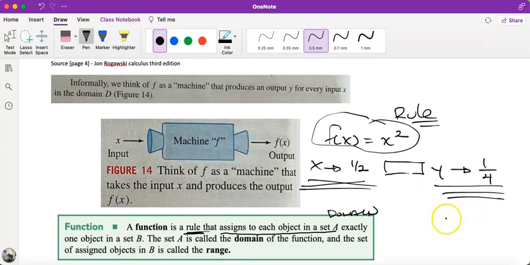One object. So what this means is that this input value that goes in can only be assigned to one output value in order for it to be a function.